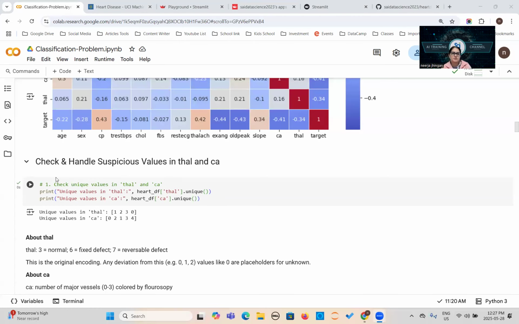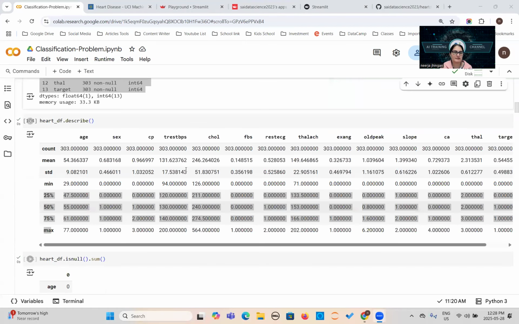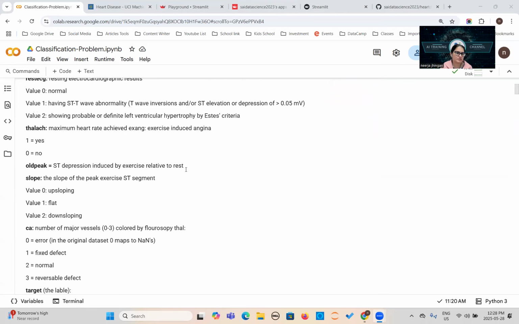All right. So here, listen to it very carefully. Whenever you have categorical data, right, and it contains different classes, like here, if we talk about CA and the thal value, it contains four different types of data. If we go back here, let me find the CA.